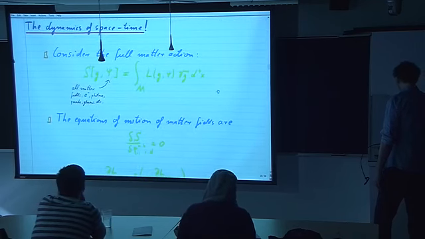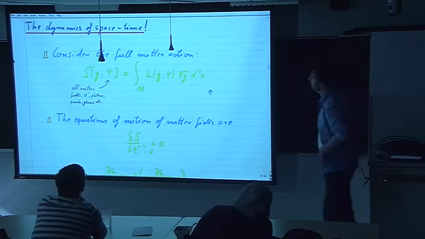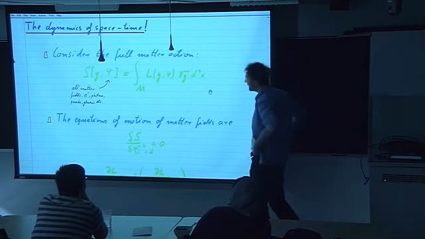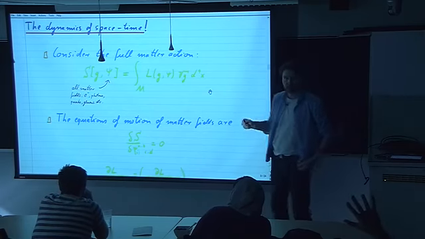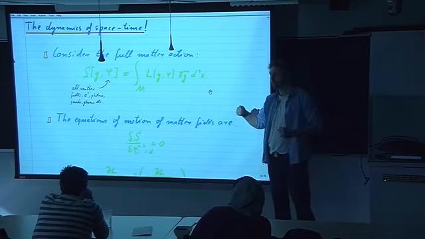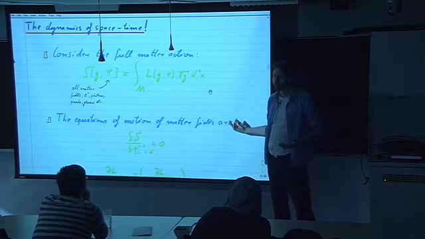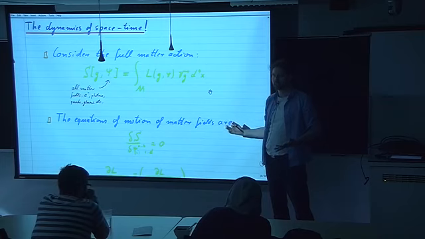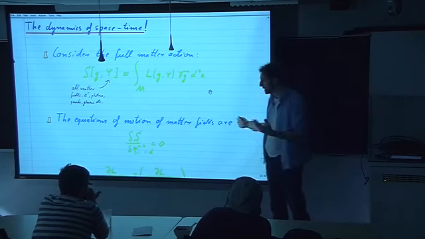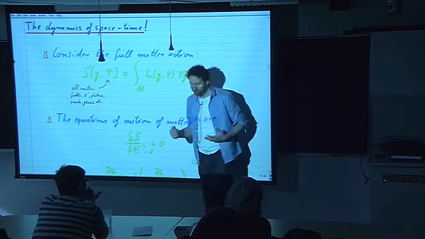So now we are about ready to study the dynamics of space-time. We can calculate the energy momentum tensor explicitly if we are given a particular content of space-time. If it's a perfect fluid, we can do it. If it's a scalar field, we can calculate the energy momentum tensor. If it's an electromagnetic field, we can also calculate it.